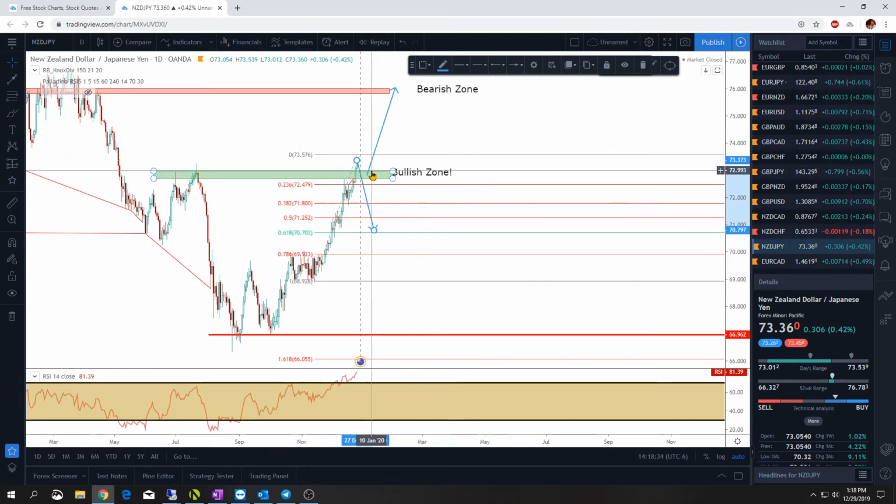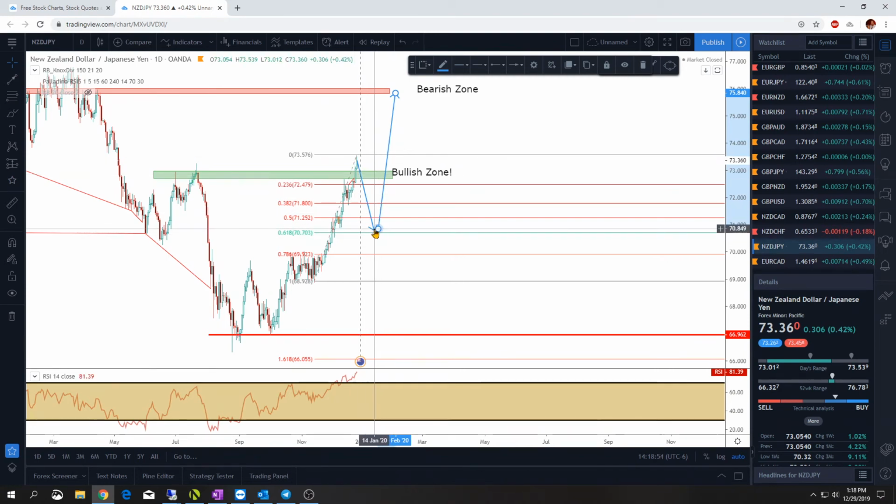So don't get too impatient here. Some of you, like me, I look for this pullback and trade this pullback. It's a lot riskier trade, so make sure you're doing proper money management when you're predicting the market like this.